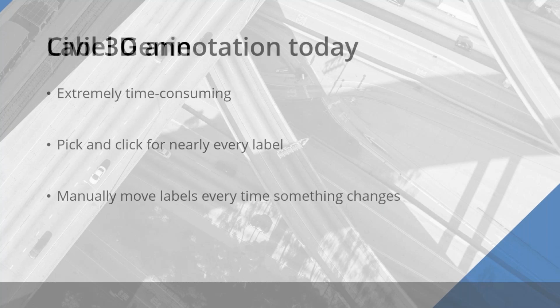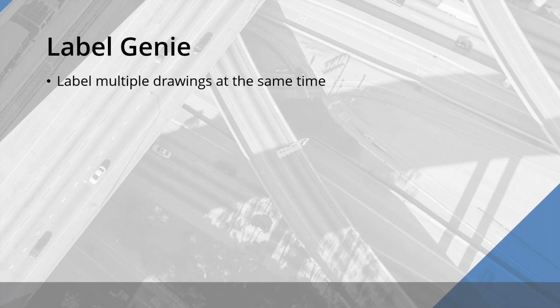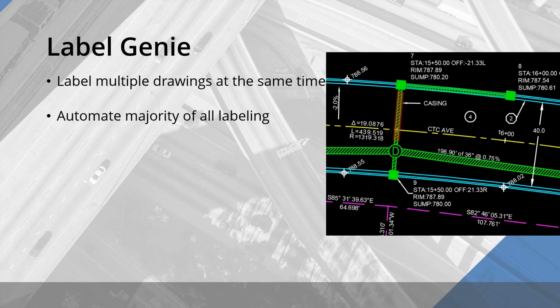So what Label Genie does is allow us to label multiple drawings and objects at the same time. It's going to automate the vast majority of your labeling, and it's all sorts of labels. It's AutoCAD labels like Mleaders and Mtext.